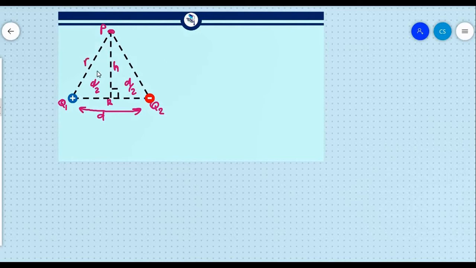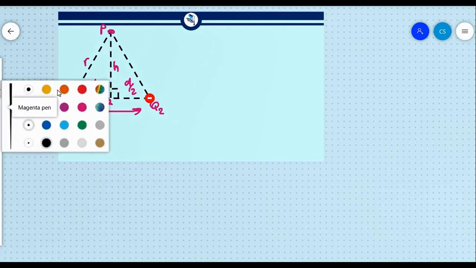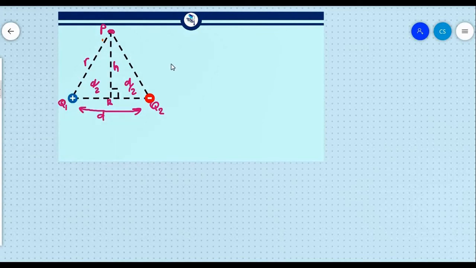Alright, also let's label this R and take a look at the field that will be set up. Okay, let me change the color. Alright, seeing that this is a negative point charge, the field will act towards it, I guess.